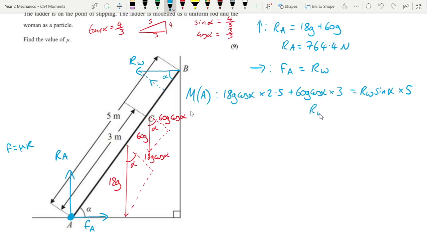And if we do that, then we can solve it to find that RW is 330.75, which obviously means that FA must be 330.75. So now we've got our friction and we've got our reaction force at A, so we can find what mu is.